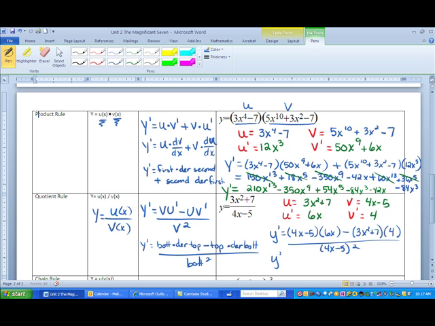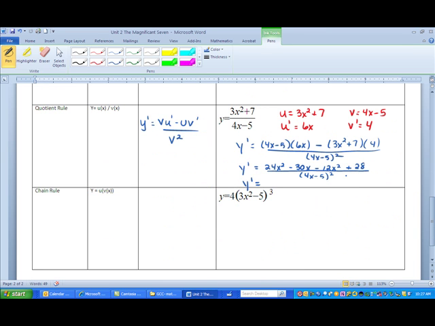And so cleaning up the top a little bit, we get 24x squared minus 30x minus 12x squared minus 28 all over the bottom squared. If we clean this up a little bit, we get 12x squared minus 30x plus 28 all over 4x minus 5 squared.